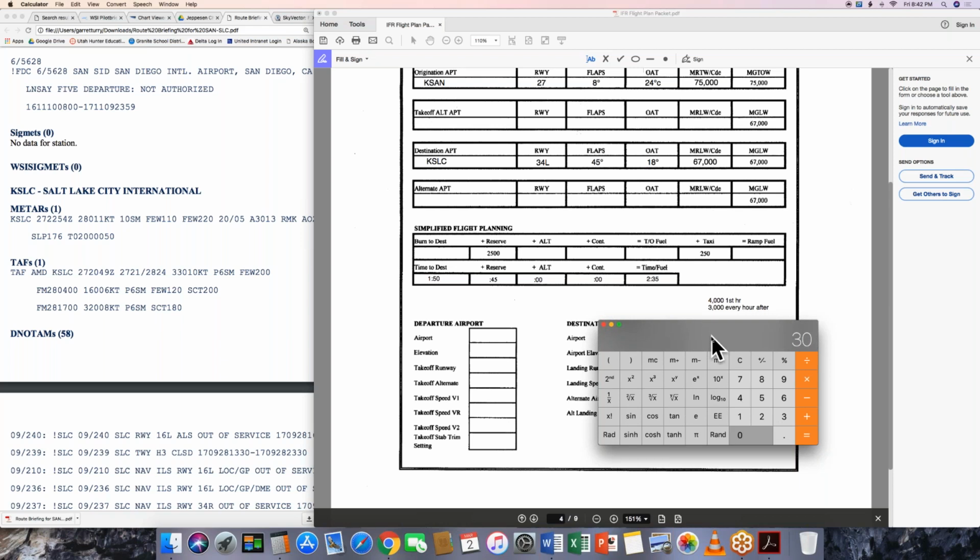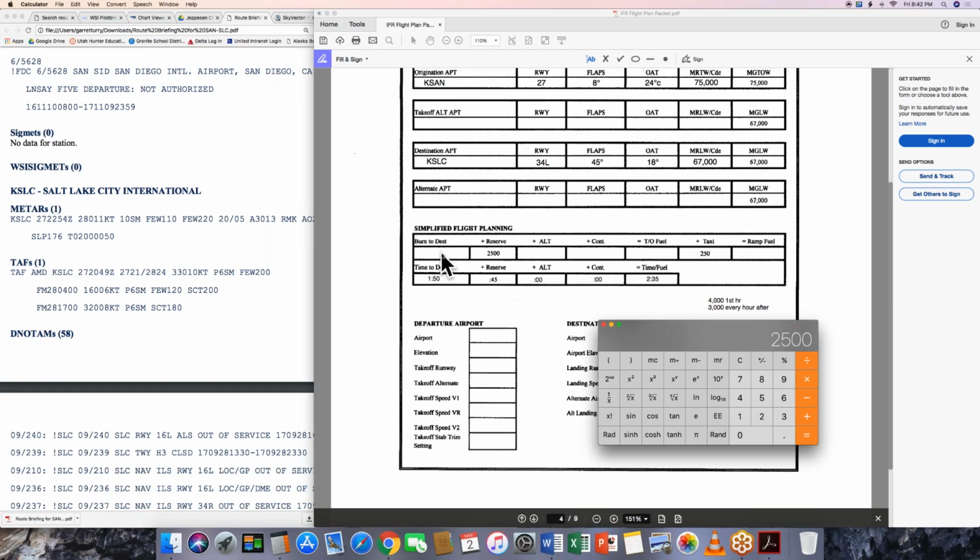To figure out the 50 minutes that's left, we're going to take 3,000 pounds and divide that into minutes. How many pounds per minute are we going to be burning? So divide by 60, 50 pounds per minute. Now we just multiply that by our minutes.